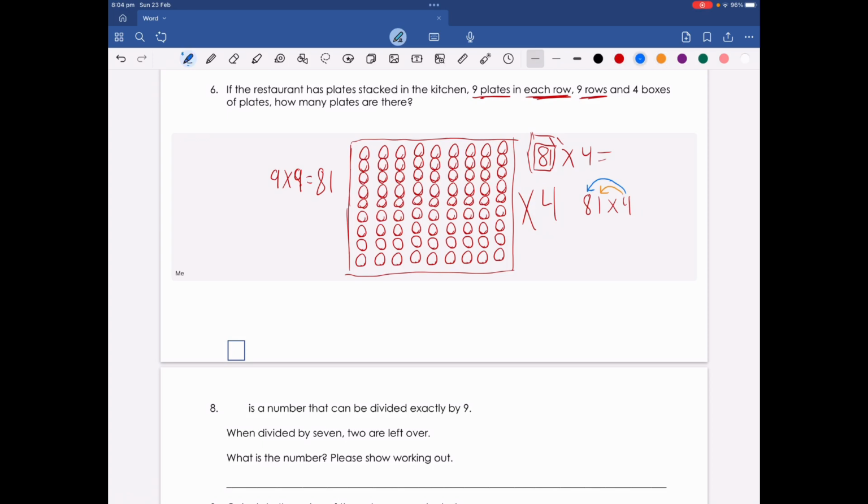So first of all, we're doing 4 times 80, because the 8 is in our tens column. We know what 4 times 8 is. We know that's 32. And then we just add our 0. Easy peasy. And then for the second one, it's simple, just 4 times 1 is 4.